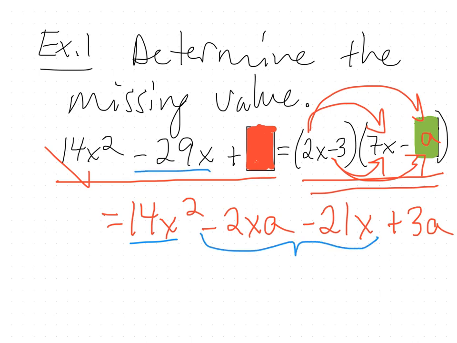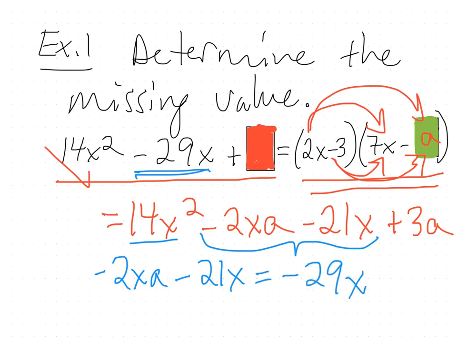We know that the answer will be negative 29x. So let's equate that. Negative 2xa minus 21x is going to equal negative 29x.